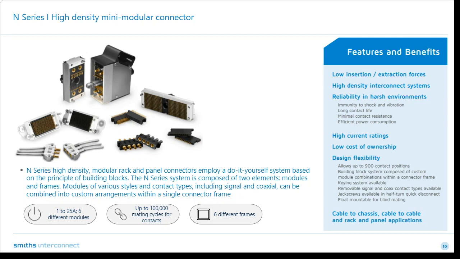It has primarily two different contact types, signal and coaxial, and it can be combined exactly like in the L series, in a number of different combinations and configurations that you want.